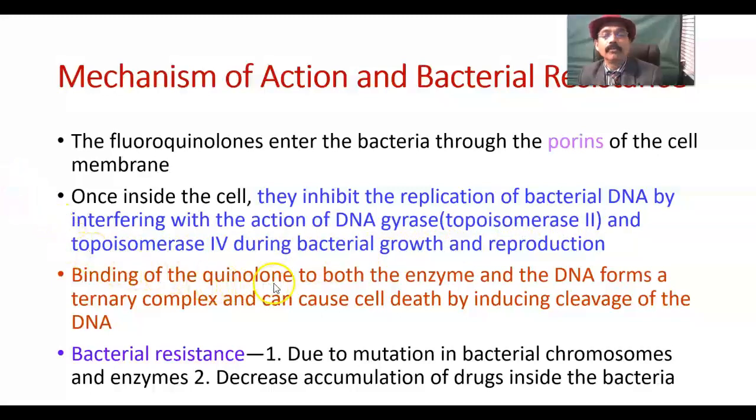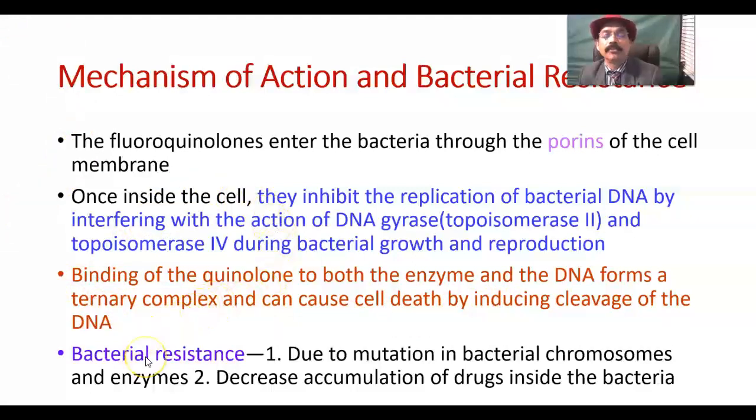Binding of quinolone to both the enzyme and the DNA forms a ternary complex, which can cause cell death by inducing cleavage of DNA. So this is the mechanism of action.